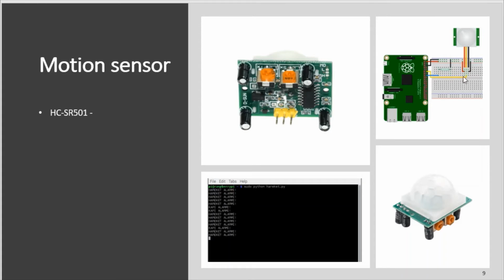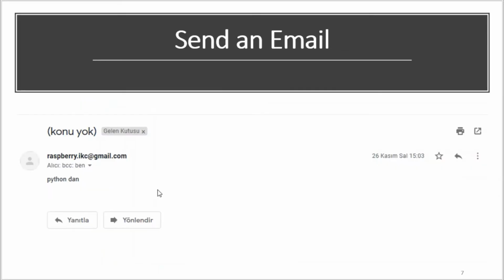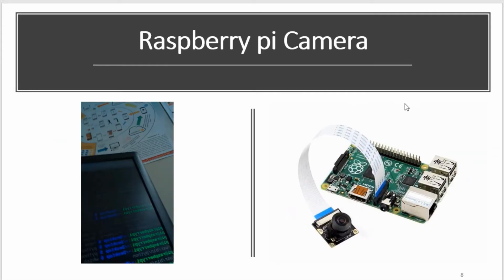So this is the first semester. In this semester I have combined all of them. I mean when the motion sensor is triggered, an email is sent, and by using the Android application that I made, we can open the camera and see who opened the door.